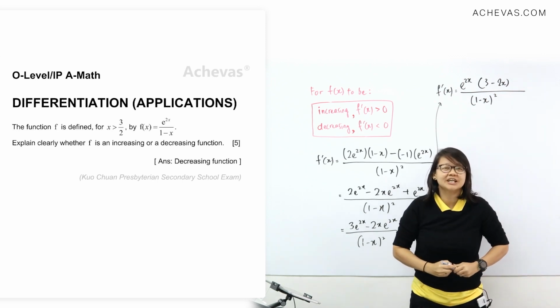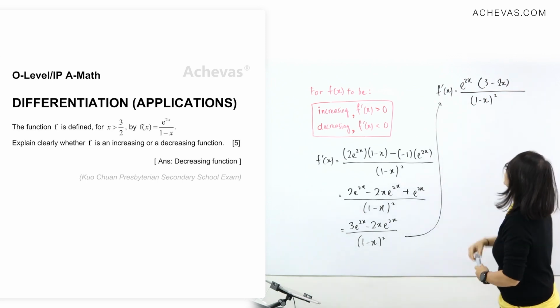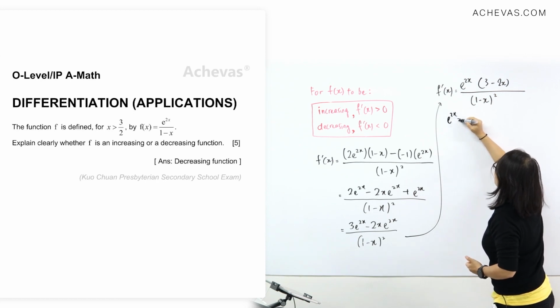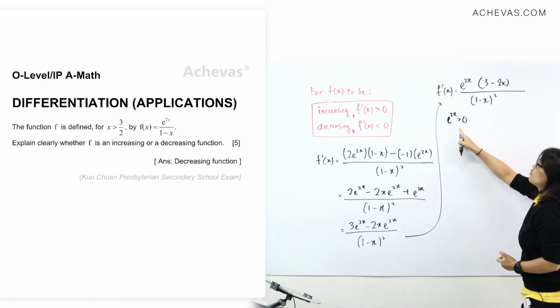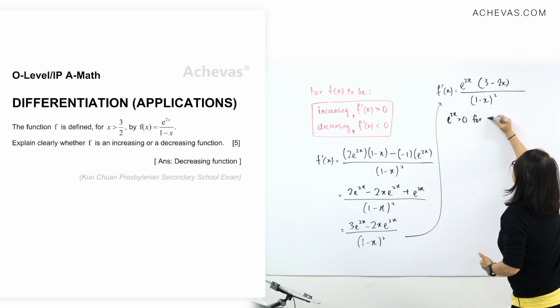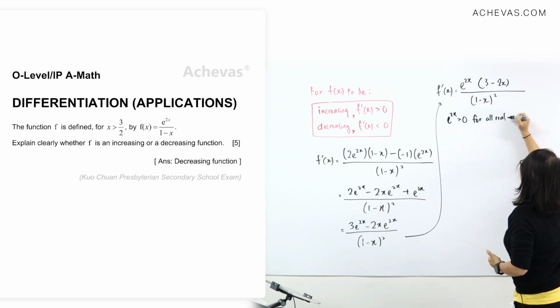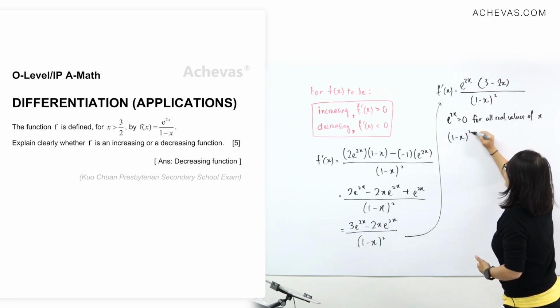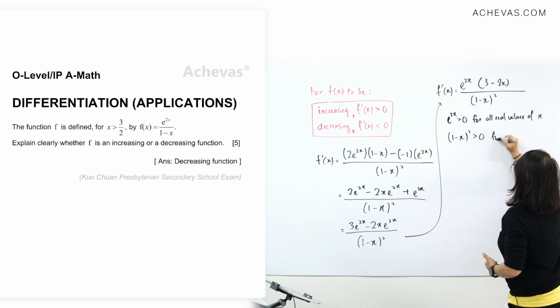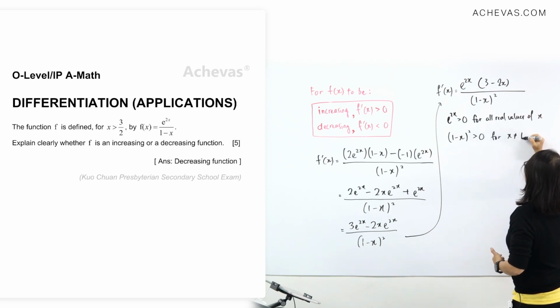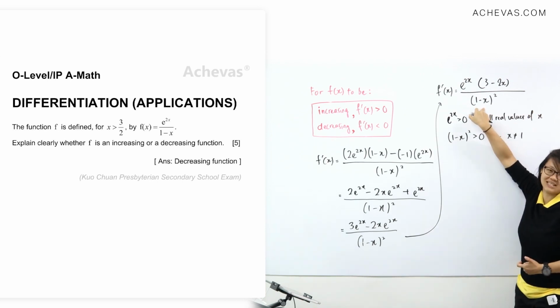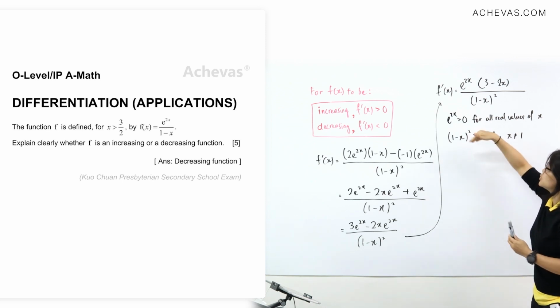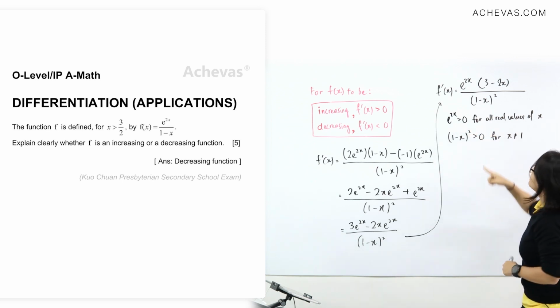Looking at this expression here, I'm going to discuss 3 things. e^x is more than 0 for all real values of x. And (1 minus x) squared is more than 0 for x not equals to 1 because we cannot divide by 0. So now I have these two are positive.